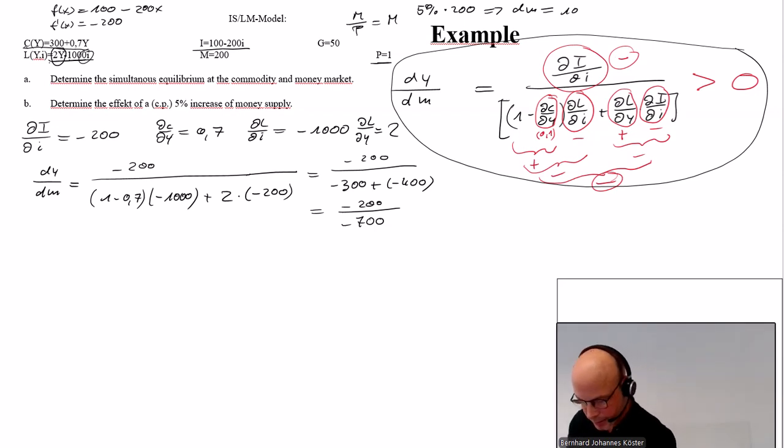Why is this very low? I've done this the first time. This would be then only, oh, this is okay. 2 over 7.